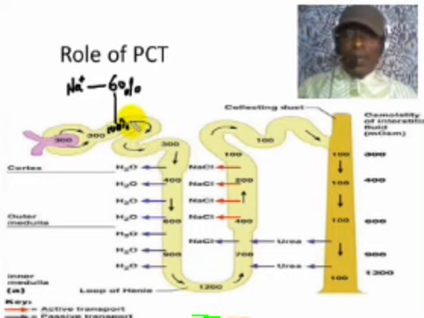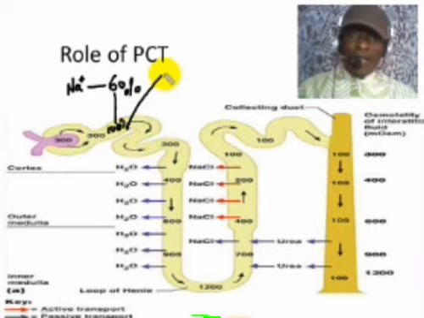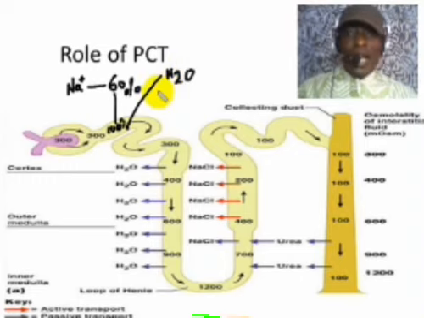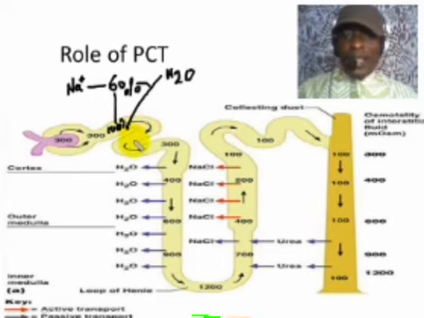In the same way, if there is 100% of water in the proximal convoluted tubule and 60% of water moves out, it definitely means that 40% of water is remaining inside the PCT.